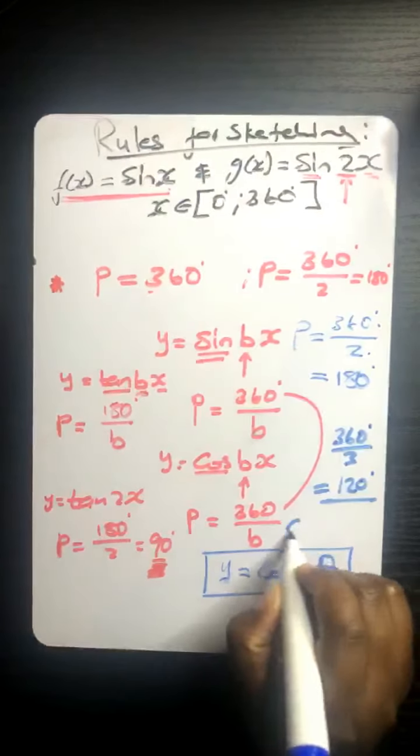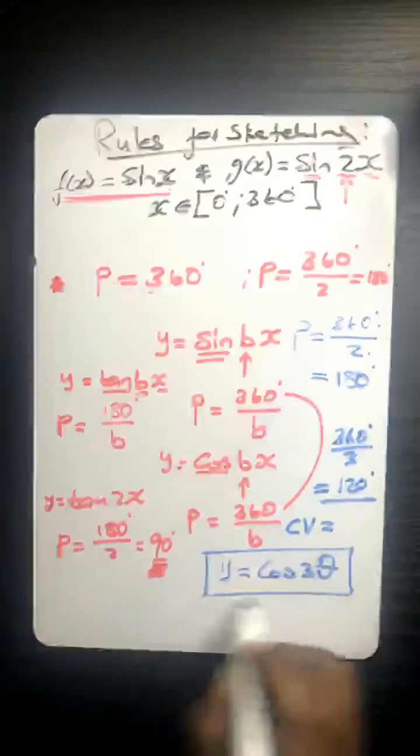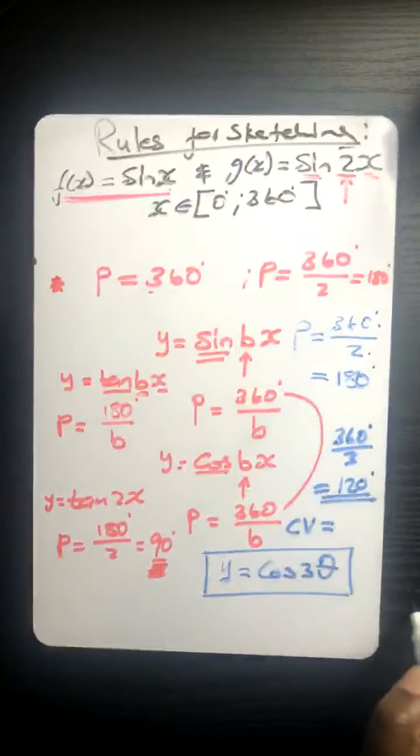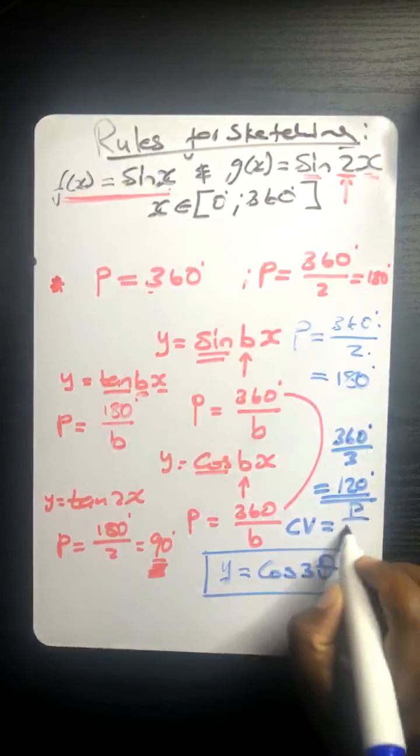So what will be the critical values for this one having that period? What is the formula for critical values? Do you still remember? Period divided by 4. Yes, it is the period divided by 4.